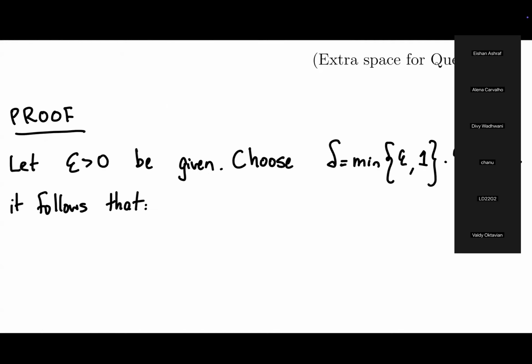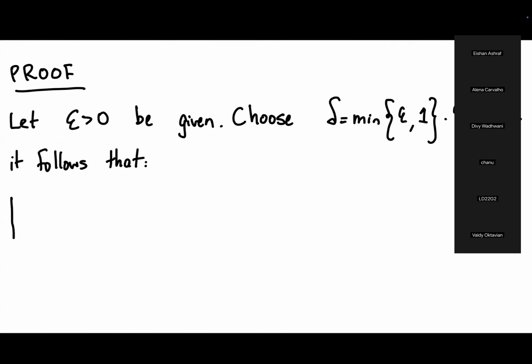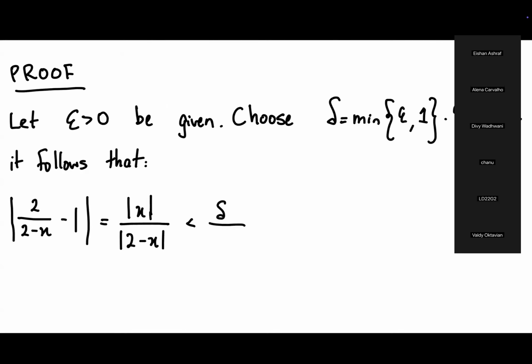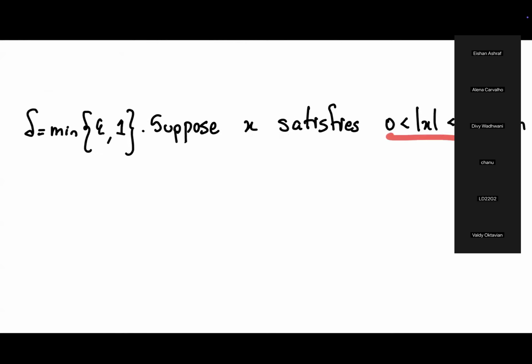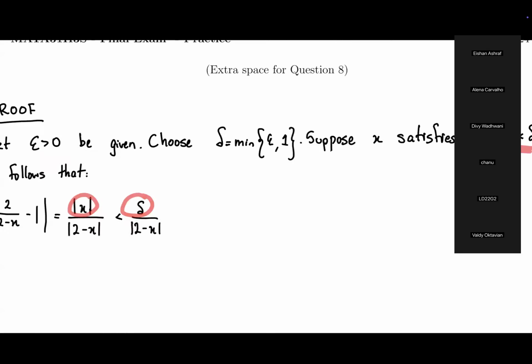now doing similar algebra as we had before, 1 over 2 minus x is less than 1. This then ends up giving us, as we know, it gave us x over 2 minus x, bounding x by delta, because we suppose it holds.